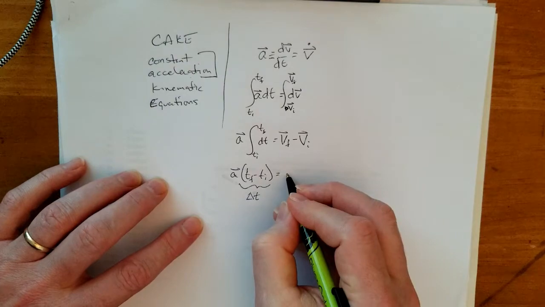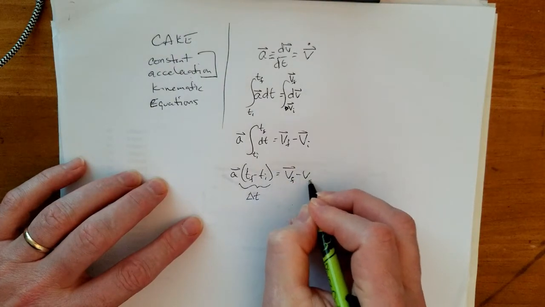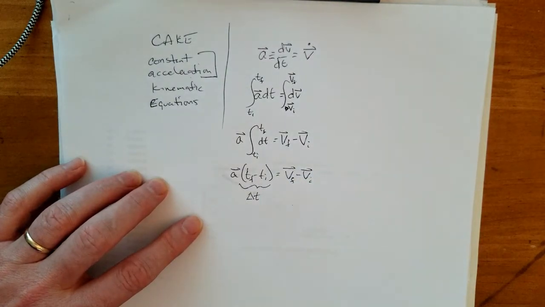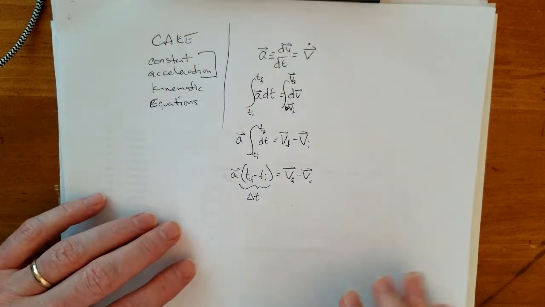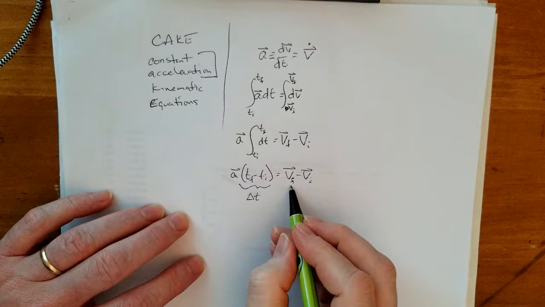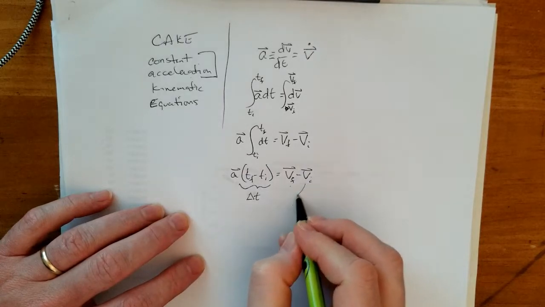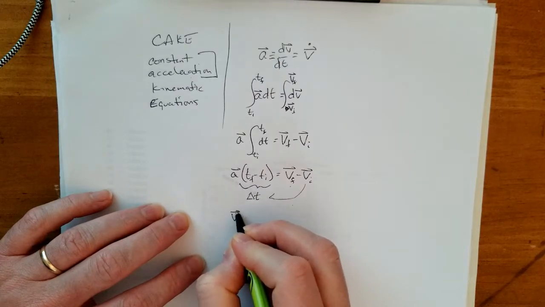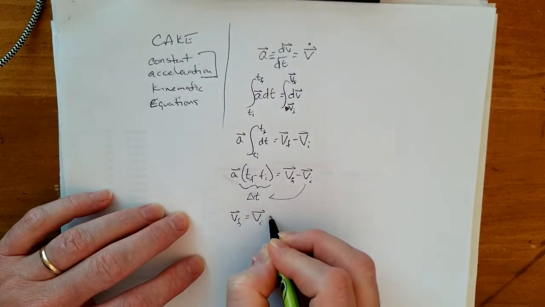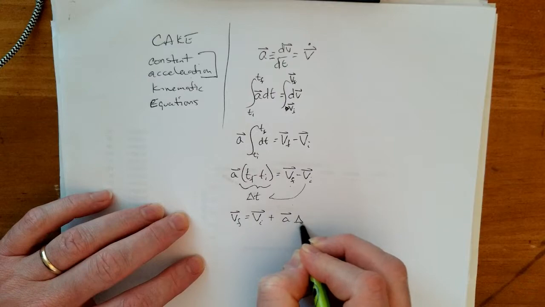And so what we end up with here is vf minus vi is equal to acceleration times this change in time, however much time takes place going from the initial to final velocity. And bringing this over to put it in more traditional form, we end up with the final velocity is equal to the initial velocity plus acceleration times delta t.